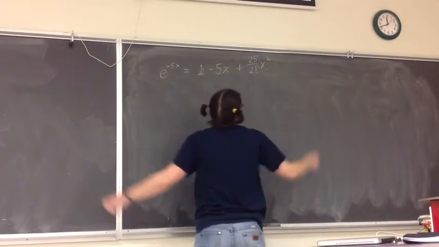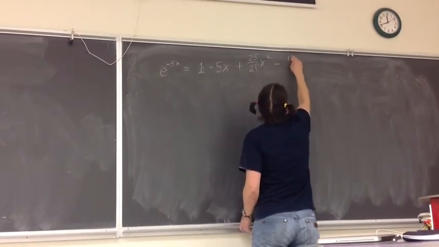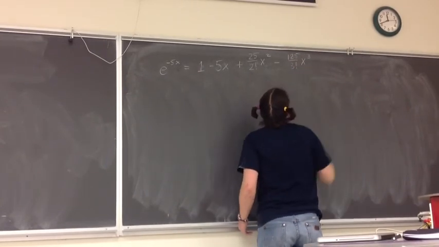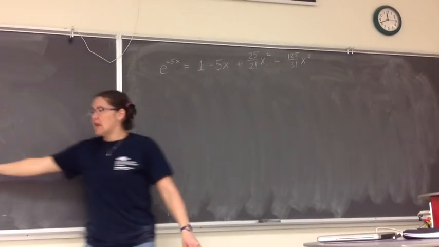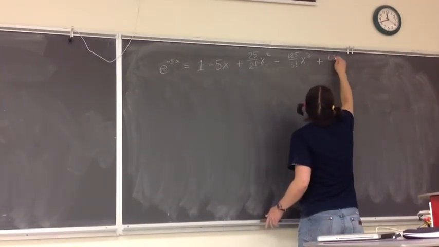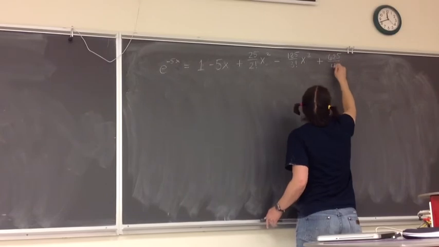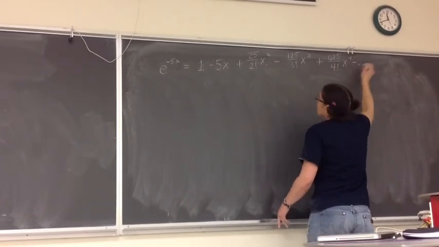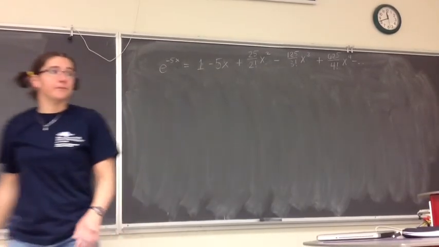And now for the third power, I get a minus, so I have minus 125 over 3 factorial times x to the third. And for my fourth power, I've got plus 625 over 4 factorial times x to the fourth. And now I can kind of see the pattern that's going on.